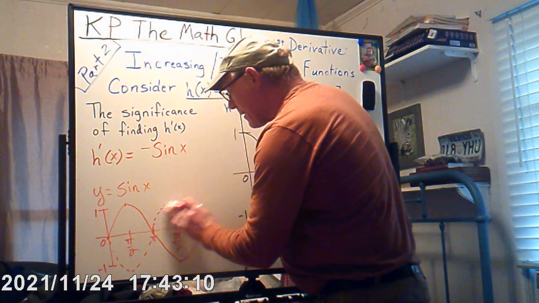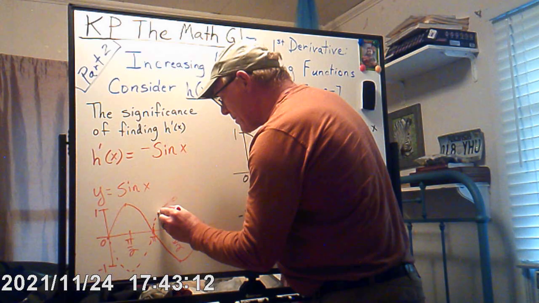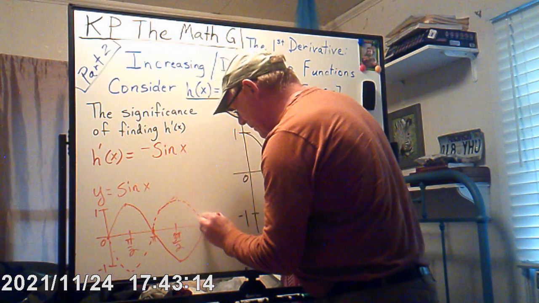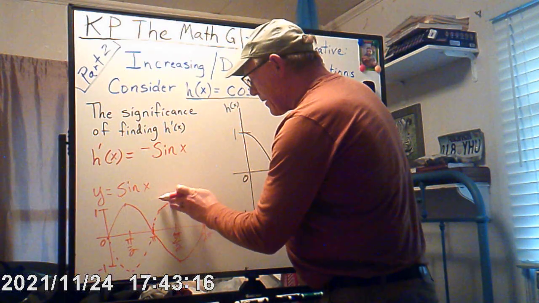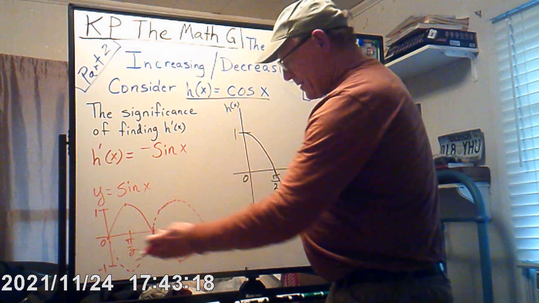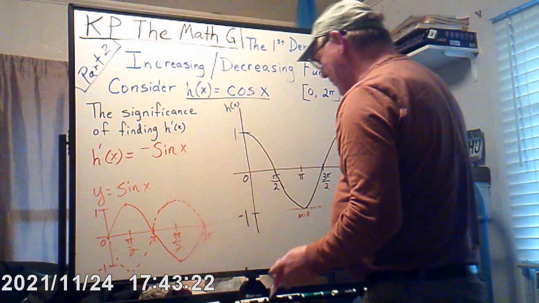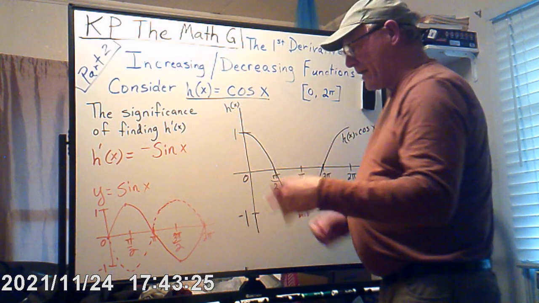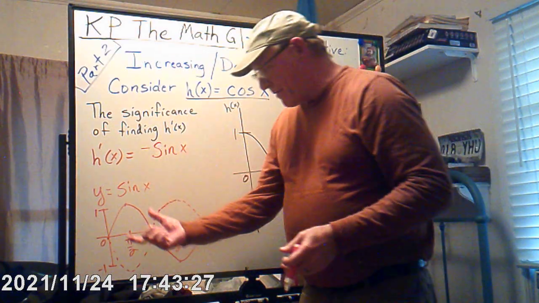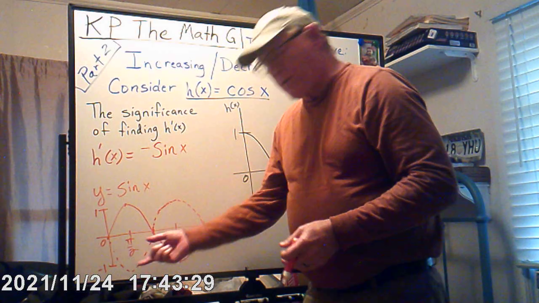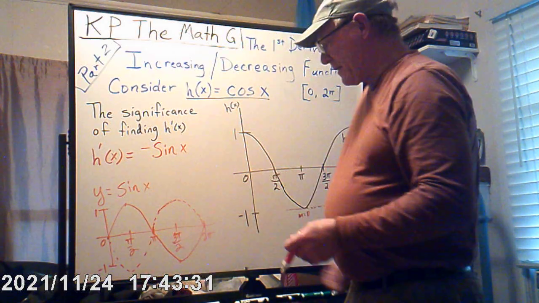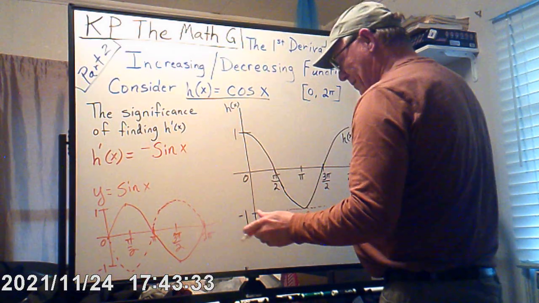Something like that. Bear with me. All right, so that is negative sine x, and we're going to graph that right here. Just keep in mind, anytime you see a negative, whatever you have here, you just flip it upside down.